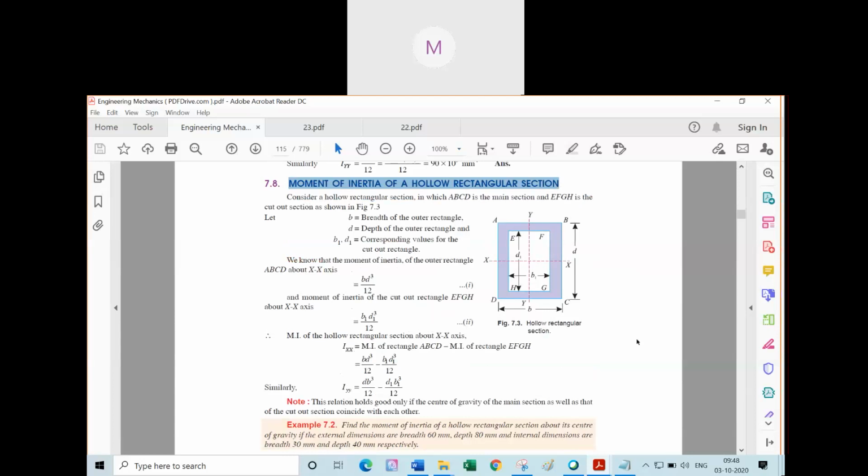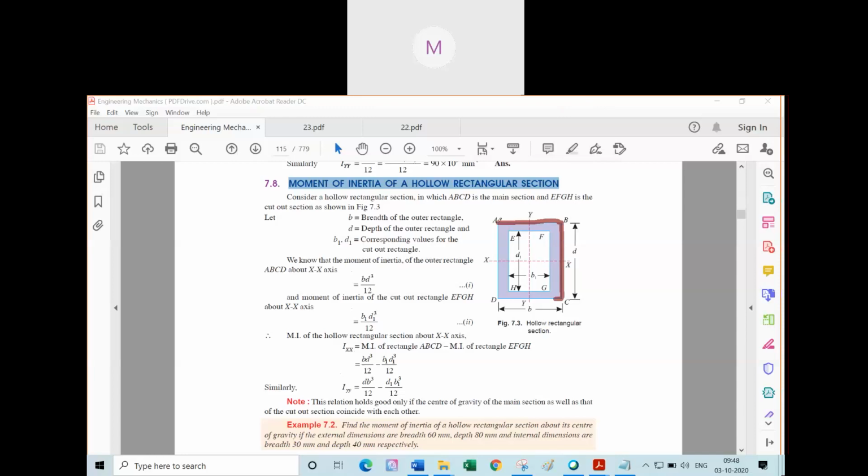If you see for a rectangular section, we discussed that the depth is d and the breadth is b, so we got bd cube by 12. Now bd cube by 12 is for the whole area.